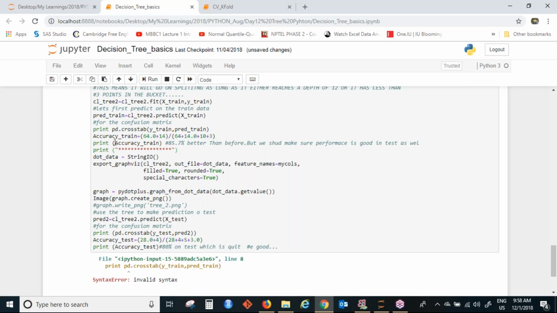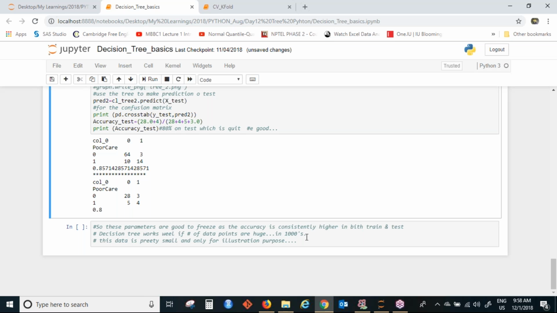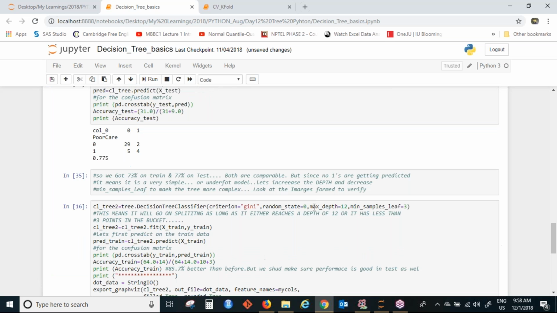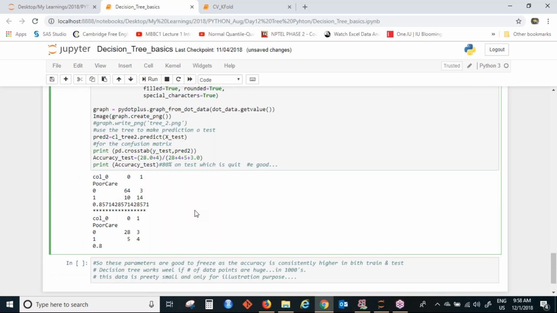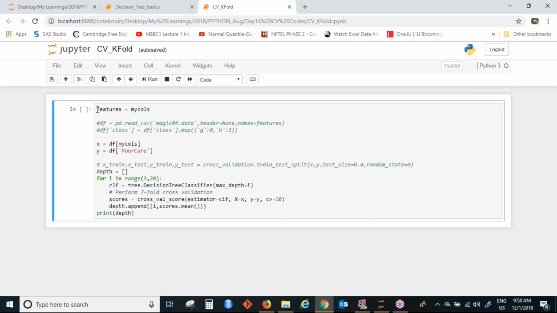Okay, so these are the accuracies, 85 and this. Here I have just given some random values of min sample leaf and max depth. Now in the next line of code, I will try to find these values using k-fold cross validation.